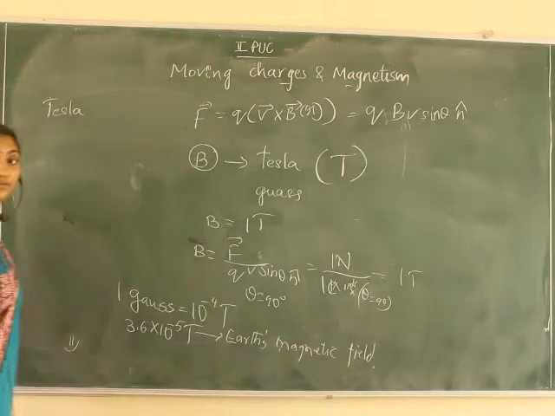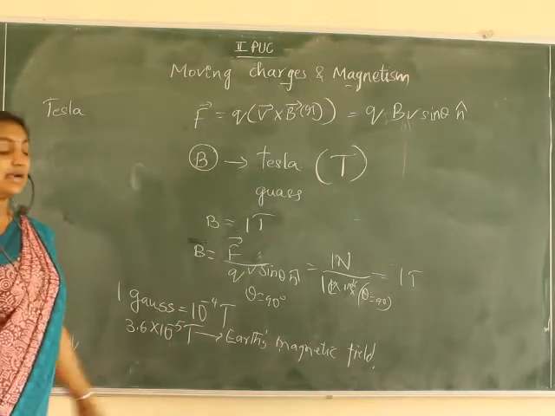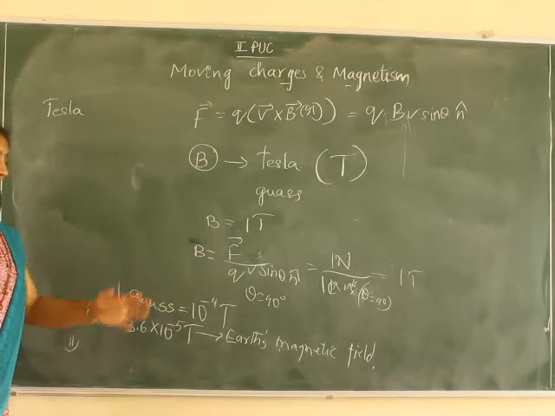Okay, and keep these points in your notes. That is, 1 Gauss is equal to 10 to the power minus 4 Tesla. Earth's magnetic field is 3.6 into 10 to the power minus 5 Tesla.